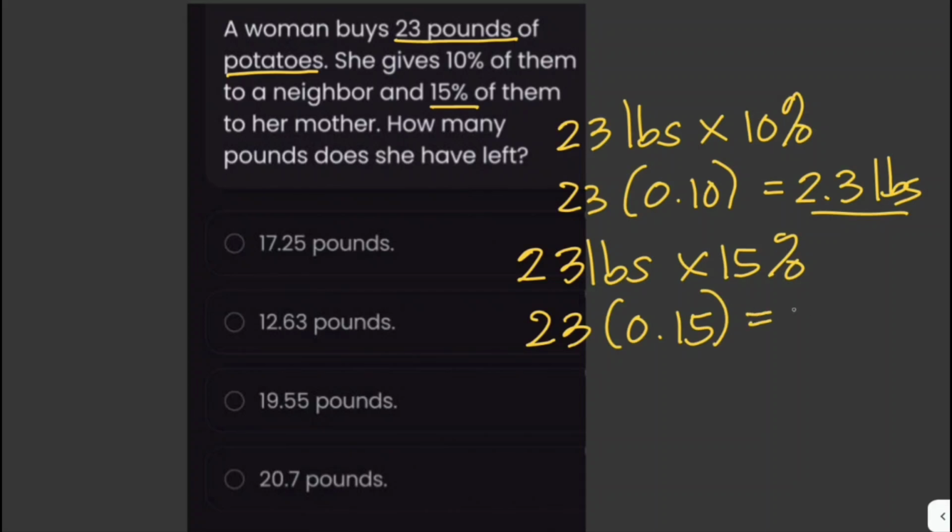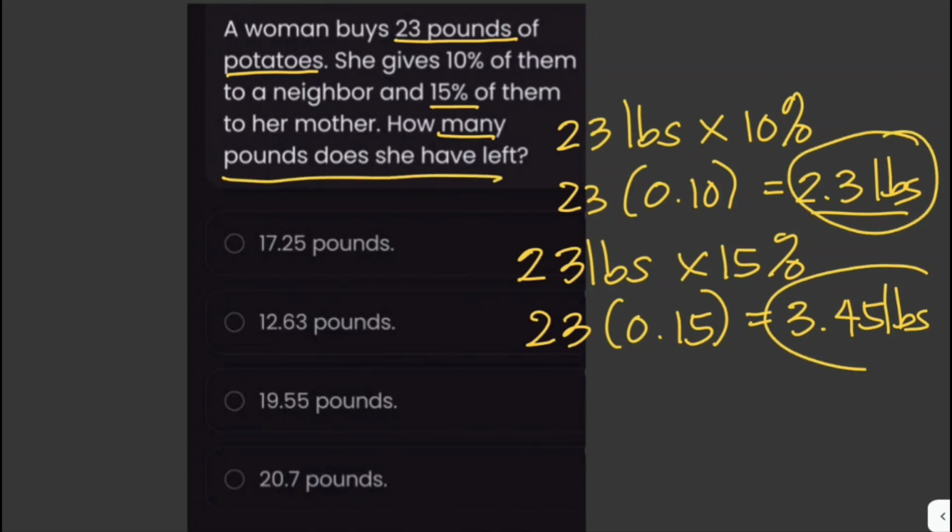This is equal to 3.45 pounds. So she gave 3.45 pounds to her mother. Now the question is, how many pounds does she have left? So we just have to subtract these two from the total number of pounds of potatoes.